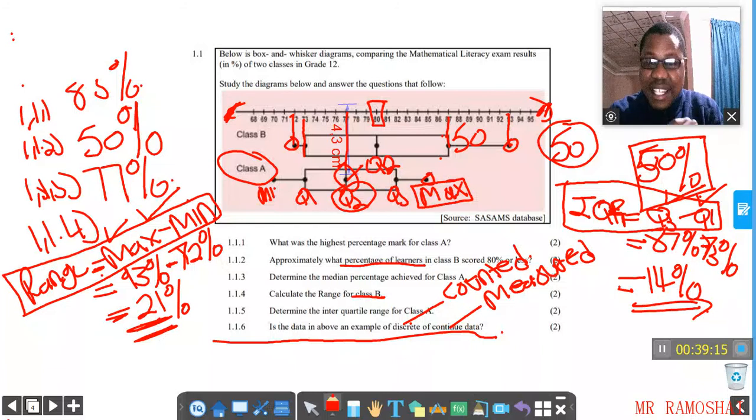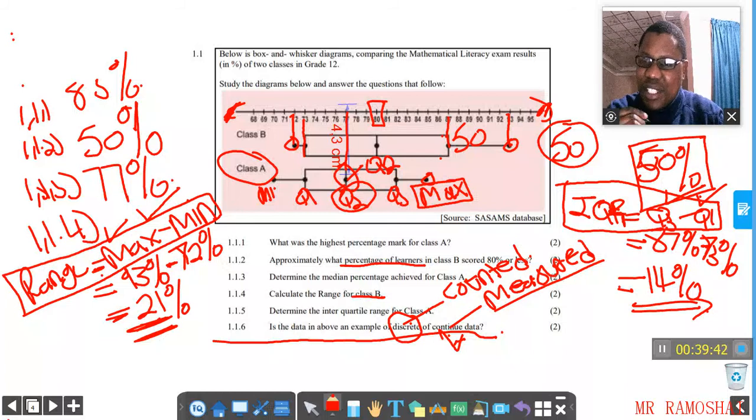Now you can tell me that this answer can be continuous, because continuous data is the data that can be measured. Get what I'm saying? Right. So the correct answer here is going to be discrete data, because for Mr. Ramshay to get 80%, my teacher will be counting my ticks.